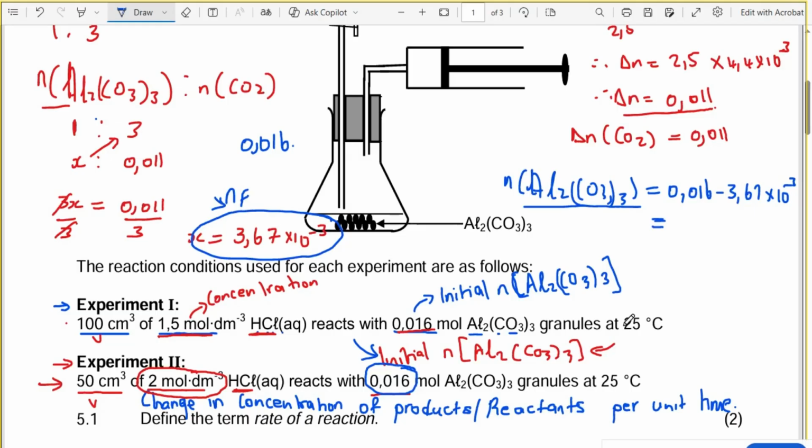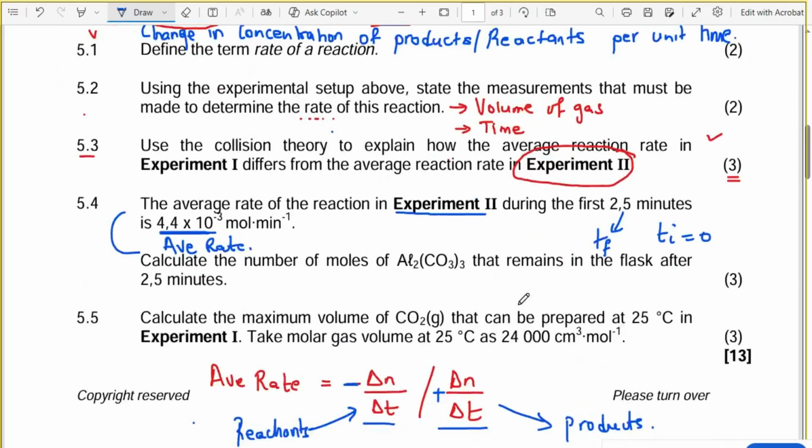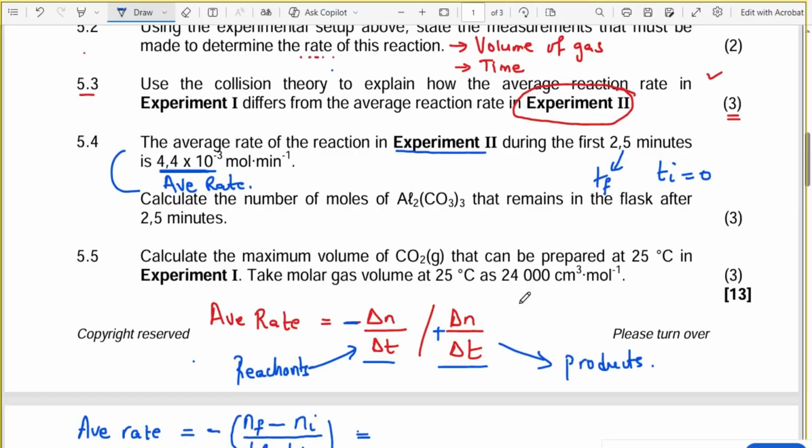Okay, I think, was that the last question? 5.5. Calculate the maximum volume. So they want V of CO2 that can be prepared at 25 degrees Celsius in experiment 1. Take molar gas volume. Guys, molar gas volume is Vm.